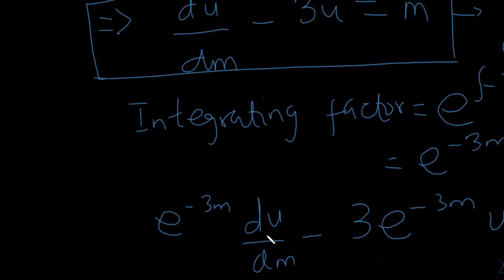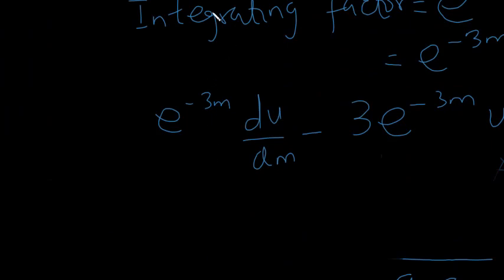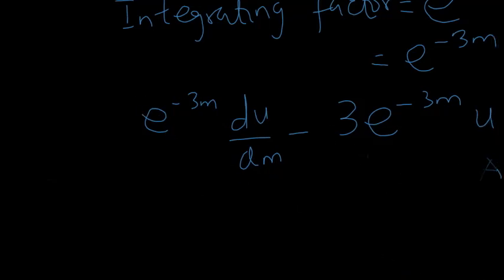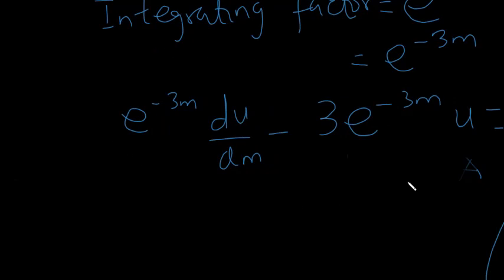That's what I'm trying to do. Take a very good look at this part, the left hand side of the equation. See this, you're differentiating u with respect to m, and you are maintaining e to the negative 3m, right?